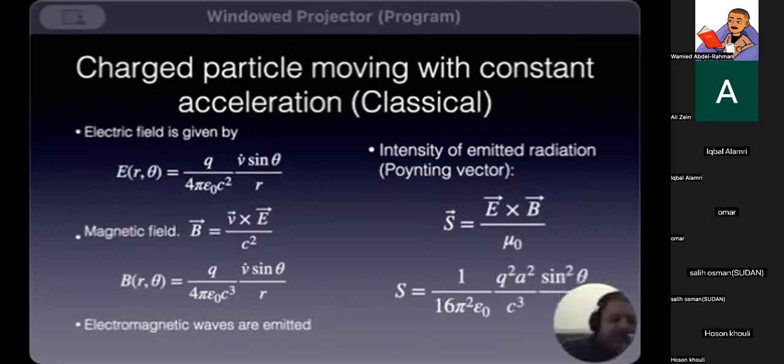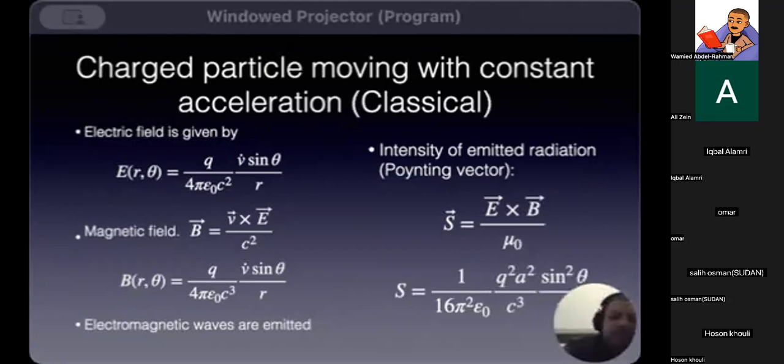But the point is that this charged particle is going to emit electromagnetic waves, is going to emit photons when it is undergoing acceleration or deceleration. Now, what's the magnitude of this electromagnetic wave, how is it quantized? It's quantified by the intensity of emitted radiation, the Poynting vector.